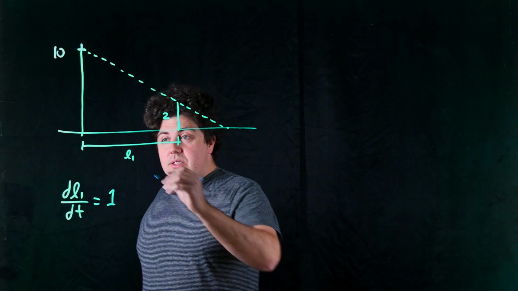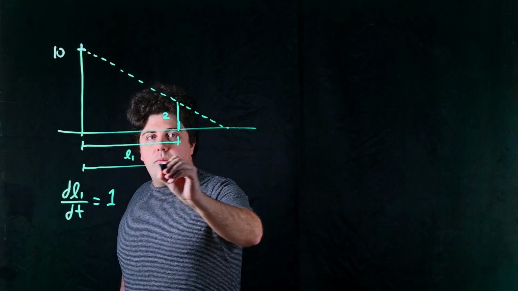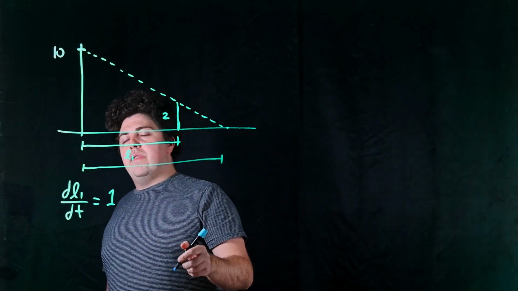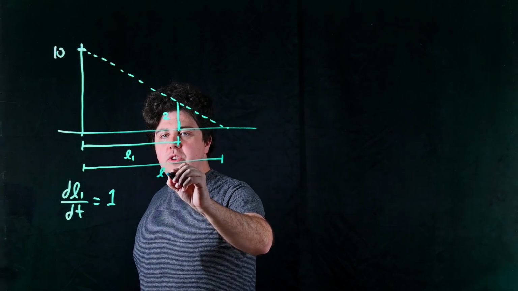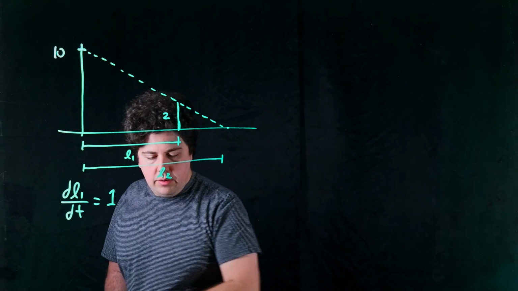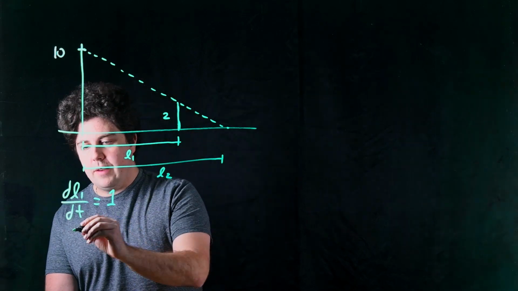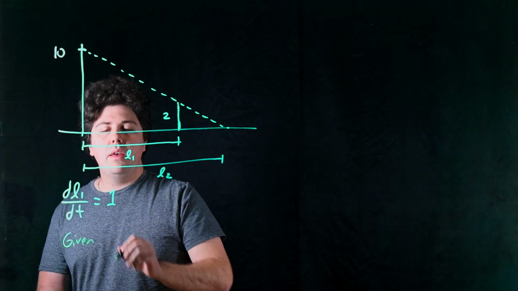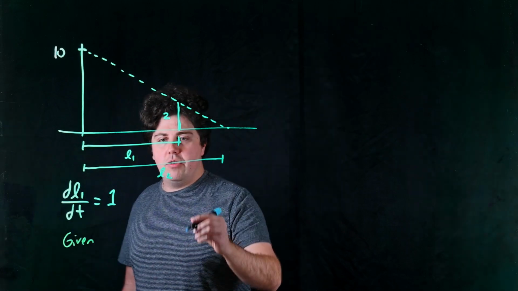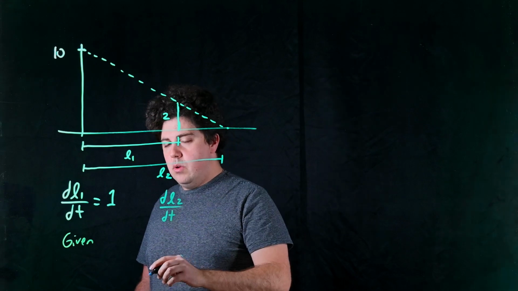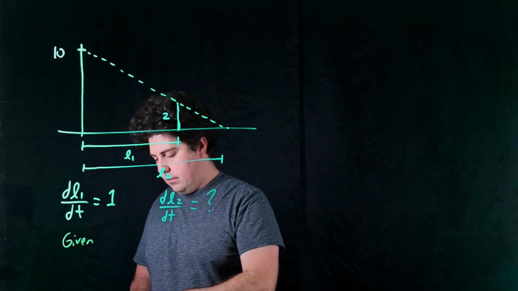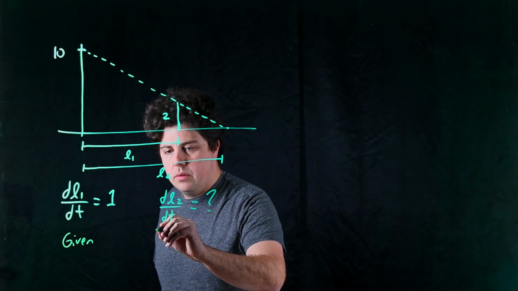We're being asked about how fast the tip of the shadow is moving. So let's say L2 is the distance between the building and the tip of the shadow. So this one here, again, is our given. And how this problem works is that our desired is dL2/dt. So this is what we're trying to solve for.